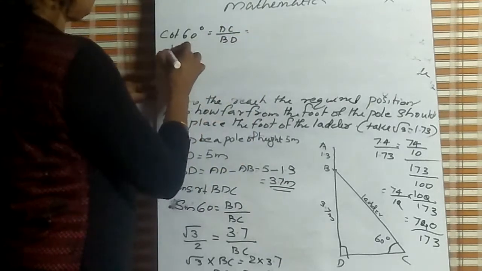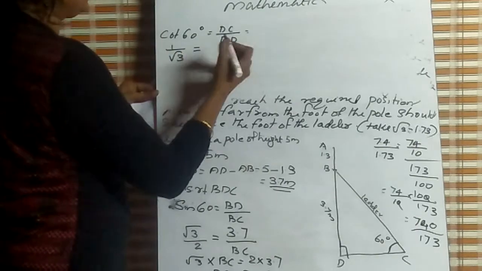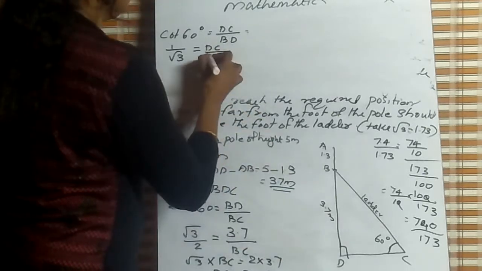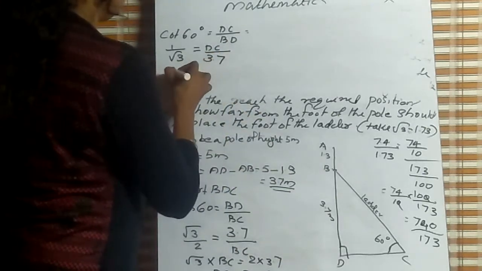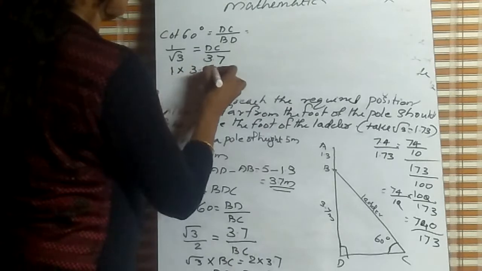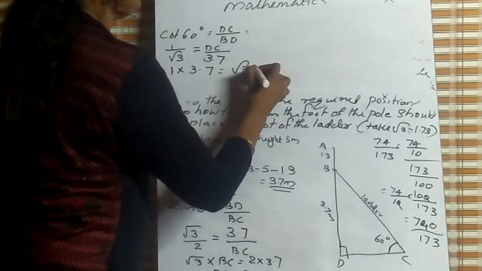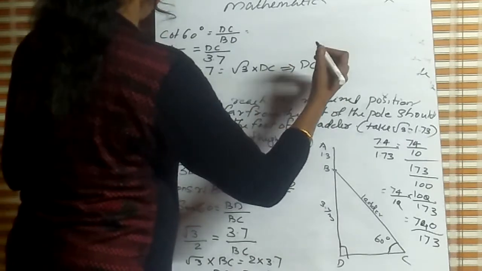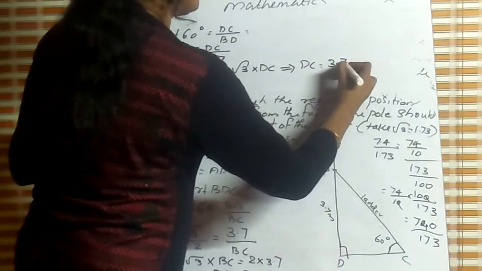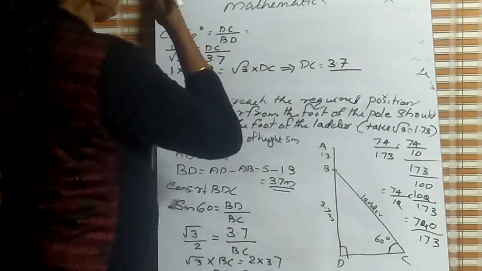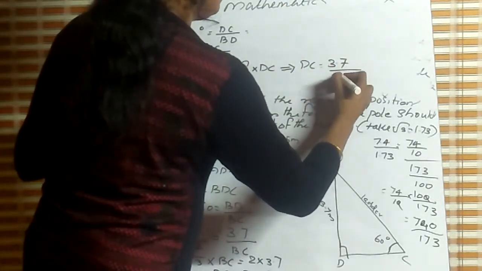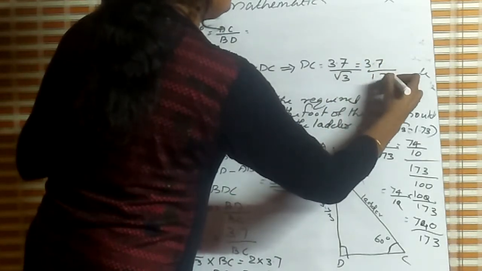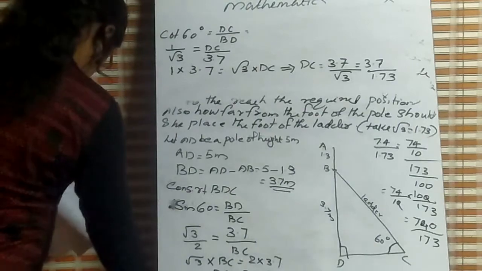Then what is the value of cos 60? 1 by 2 is equal to DC divided by BD, given as 3.7. So 1 into 3.7 is equal to 2 into DC, implies DC is equal to 3.7 divided by 1.73.